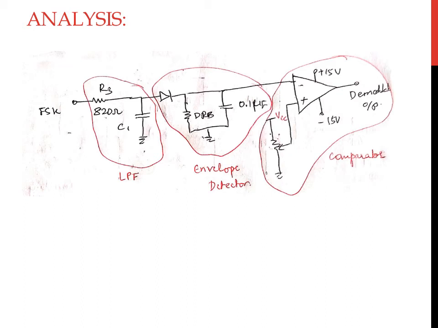As we have studied earlier in ASK and PSK, even in this case the comparator output will be a saturated value, and if the op-amp is a MUA741 op-amp with a dual power supply of plus or minus 15 volt, then the output voltage that we obtain will have a peak value of plus or minus 14 volt, which is equal to 28 volts.